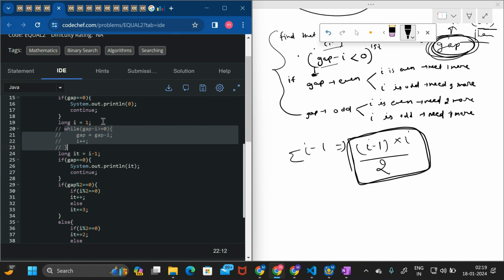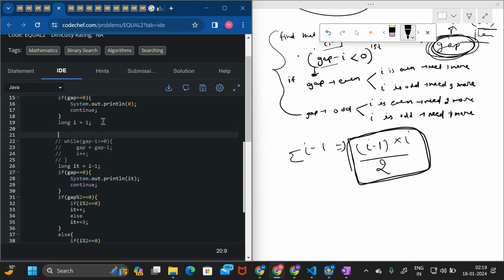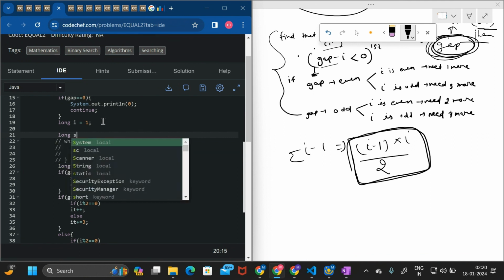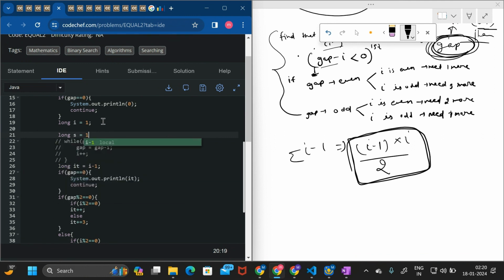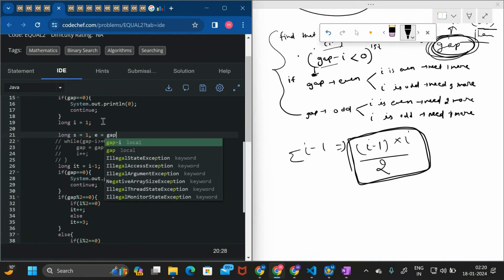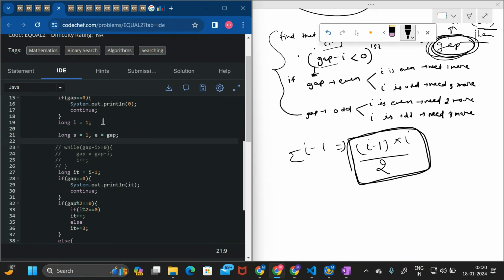Okay. What we need in binary search, we need start. So we have to start from s. So s equal, we need to start from 1 and our end is gap.